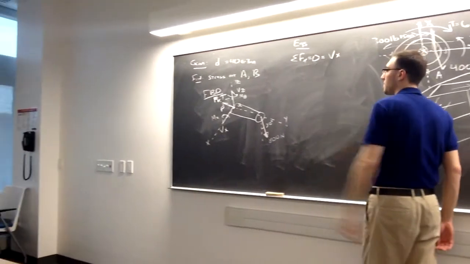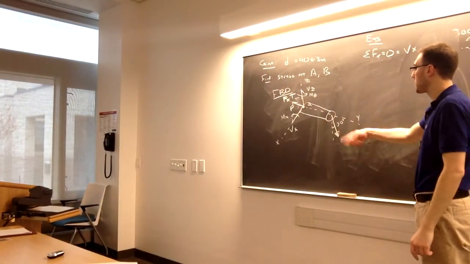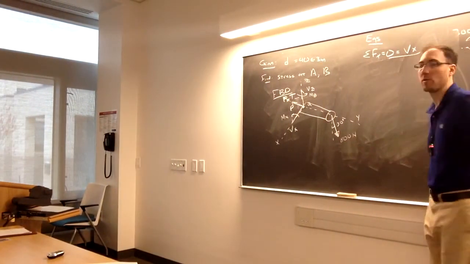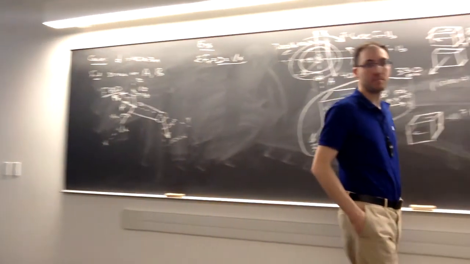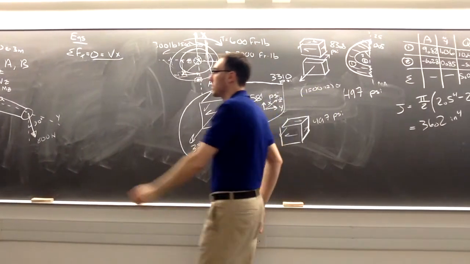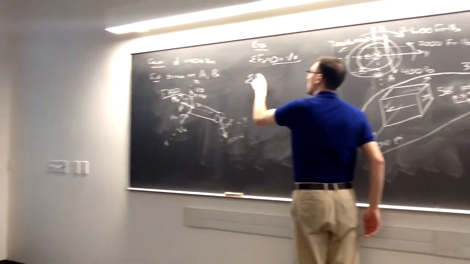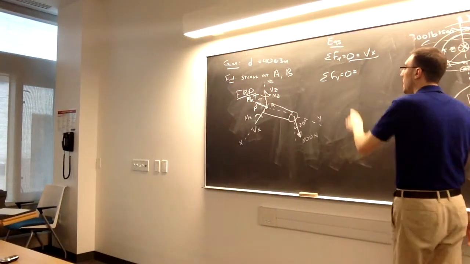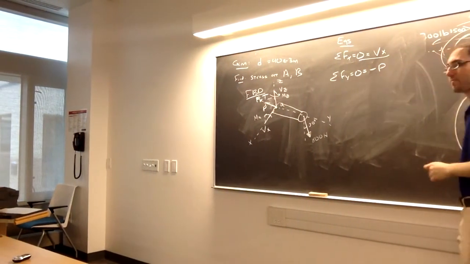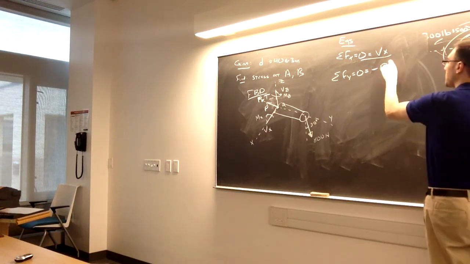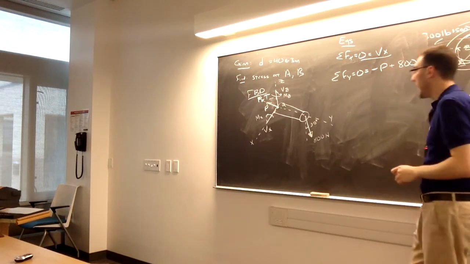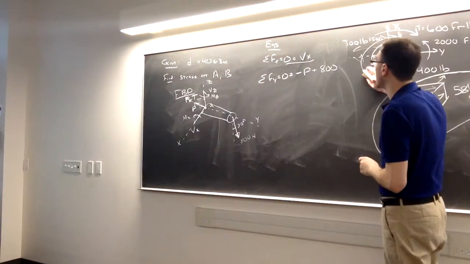Right, looking at my sums of forces, sums of moment, in the x direction I have Vx. I have no applied force, so I know that my shear force along the x direction is 0. In the y direction, I'll have negative P plus 800 sine 30.